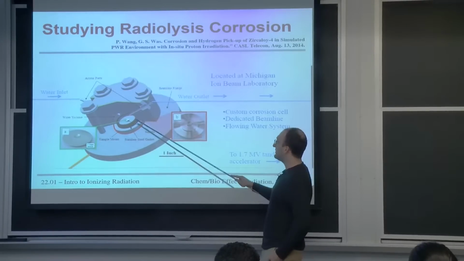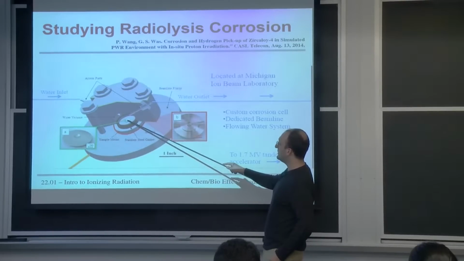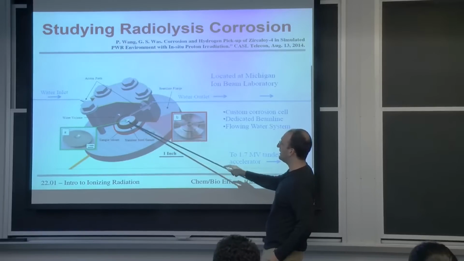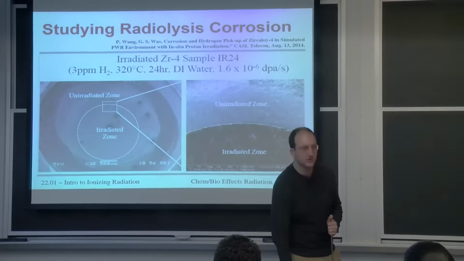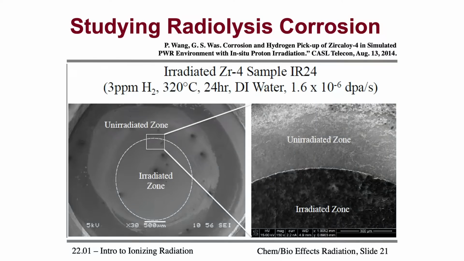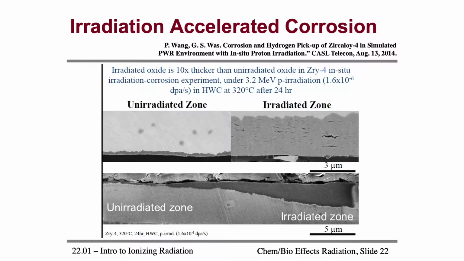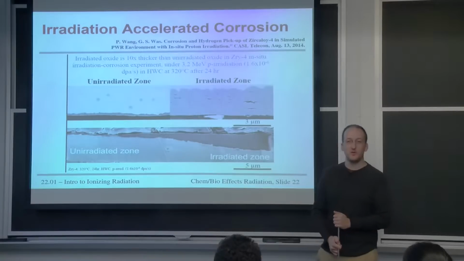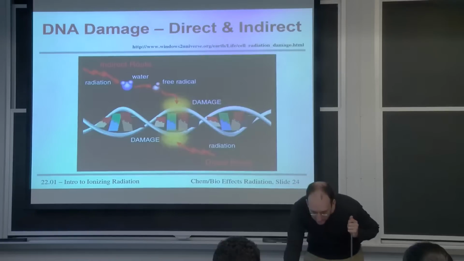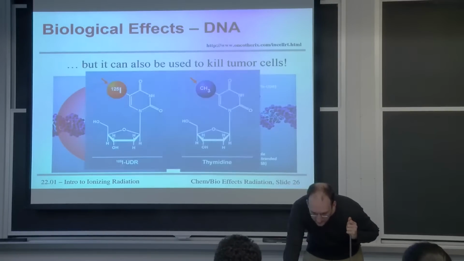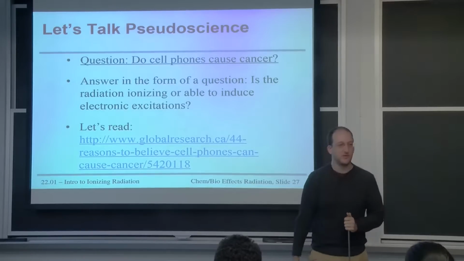This way you can test the effect of radiolysis in the water versus just plain old high-pressure, high-temperature corrosion. And the results are pretty striking: you can clearly see the boundary where the proton beam was, as well as the increased thickness of the oxide and corrosion layer formed when radiolysis is turned on, so to speak.